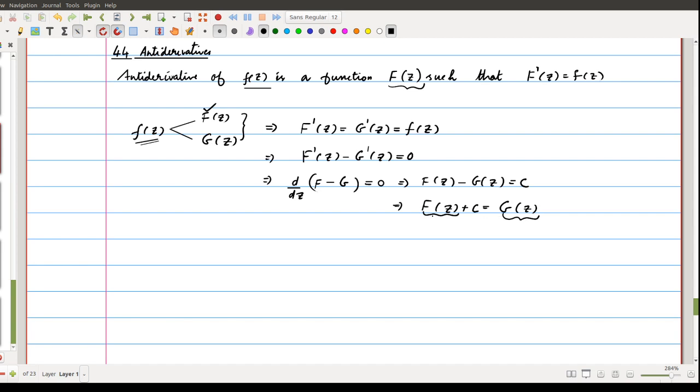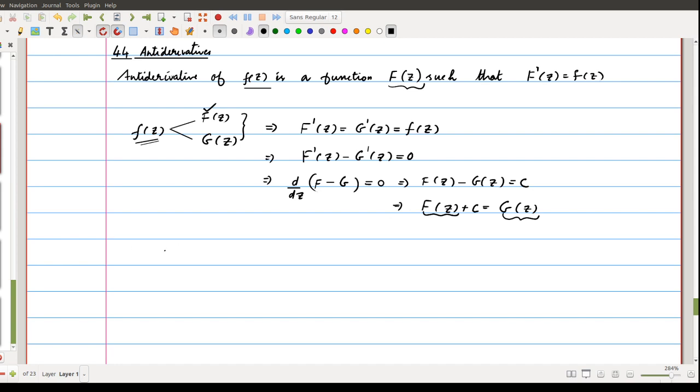That means the only difference between these two is this constant c. So an antiderivative of a given function f of z is unique up to an additive constant, or except for an additive constant. That means if you have any antiderivative, then it can be obtained by adding or subtracting a constant with this capital F of z.